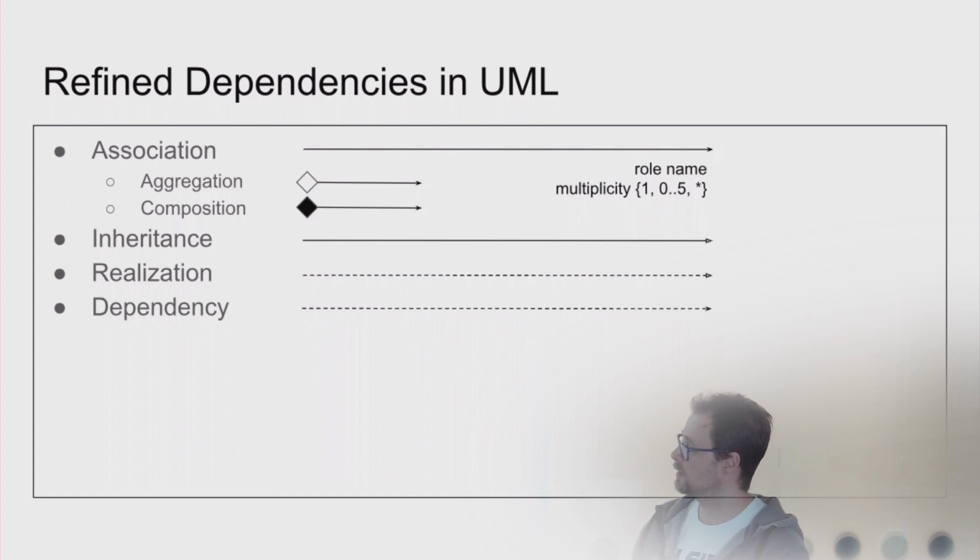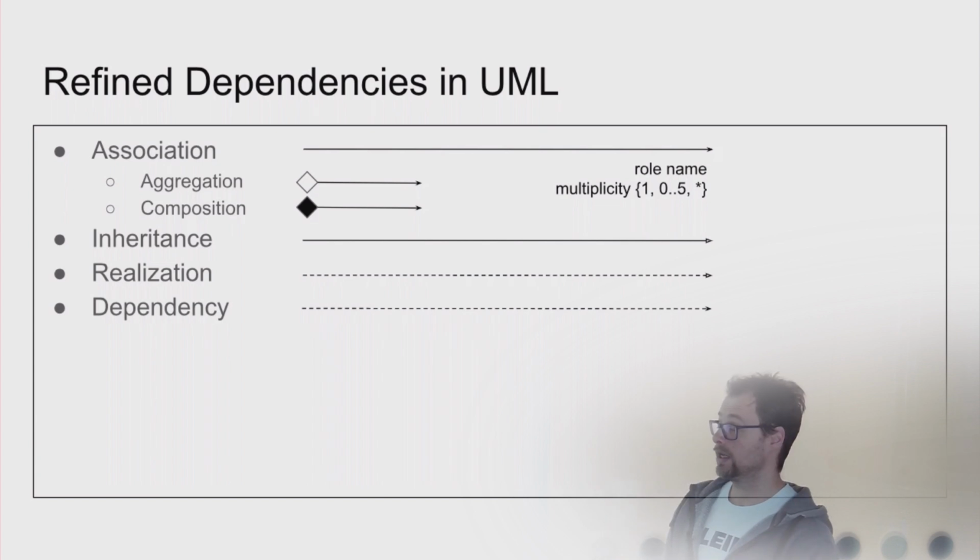But for realization and dependency, it can be hard to understand what's going on. So try to remember these. You will need to know them for 1DV607, and if you can do that, you basically will pass the theoretical part of that course. Is my guess, at least.